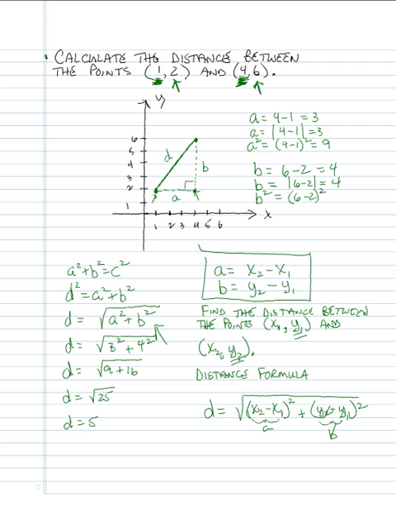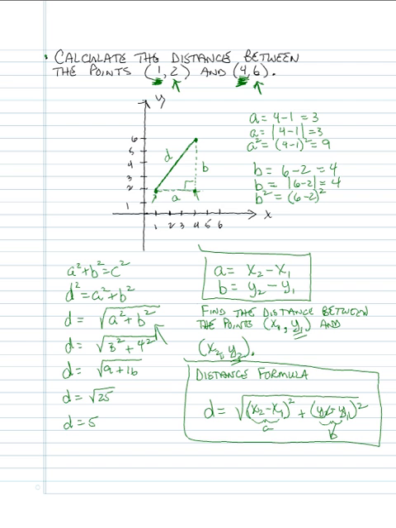So this is the distance formula, and this is very important in things that we do next and in the future. As long as we know 2 points that are in the plane, we can use this formula to calculate the distance. And we don't have to know which is the first point and which is the second point. All we have to do is take the difference between the x values squared and the difference between the y values squared, add those together, and then take the square root.